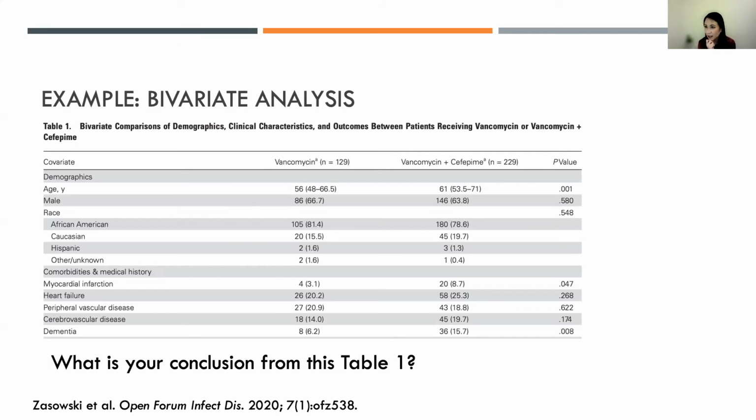You'll see the demographics as well as other factors and covariates on the left-hand side, and p-values on the right-hand side. The question for everyone, and you can pop this in the chat or unmute your mic, is what is your conclusion from this table one?